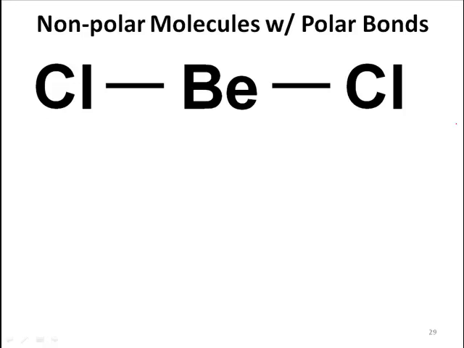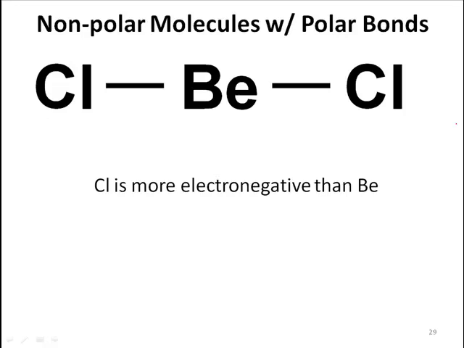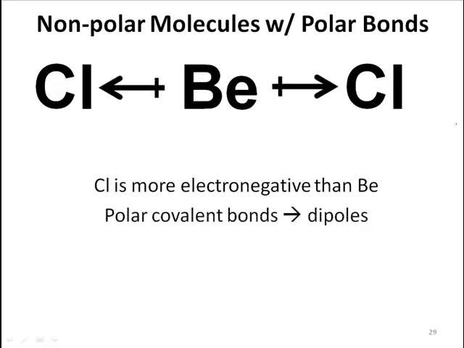So let's look at this molecule here, BeCl2. This molecule has a polar bond, Be-Cl, Be-Cl. Which one is more electronegative, Be or Cl? The Cl is. So the dipoles would be going in this direction and that direction. The dipoles are pointing in opposite directions and they are equal in magnitude.